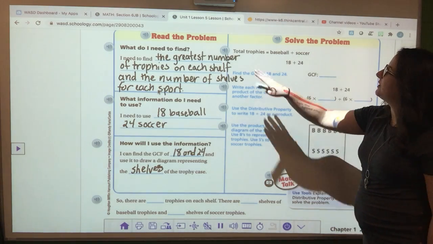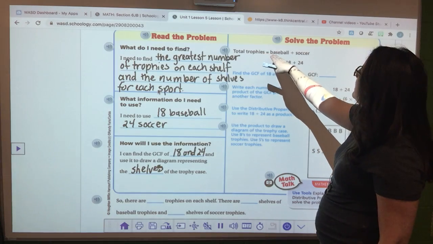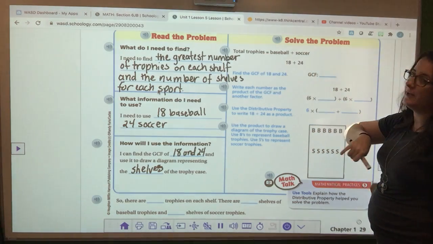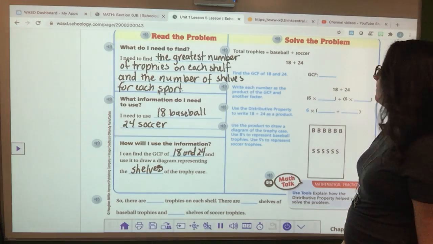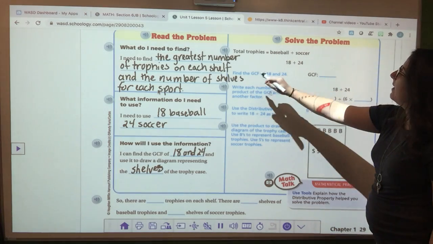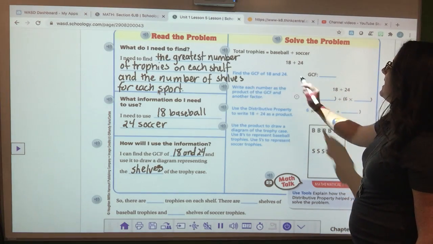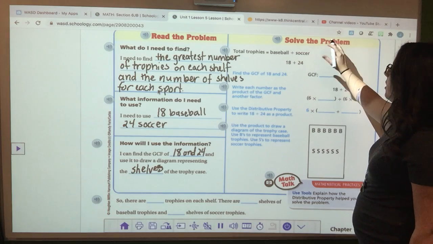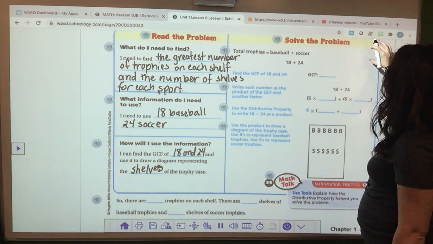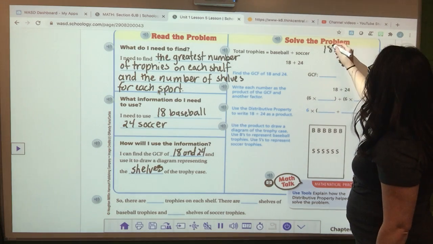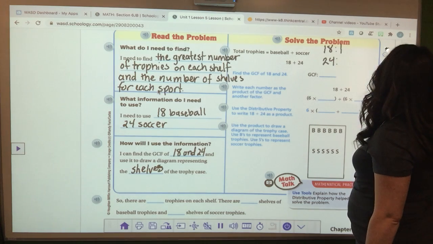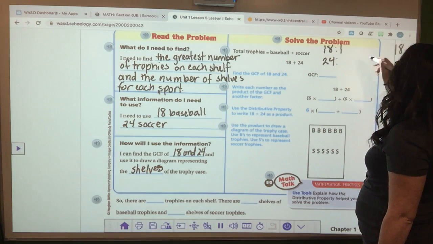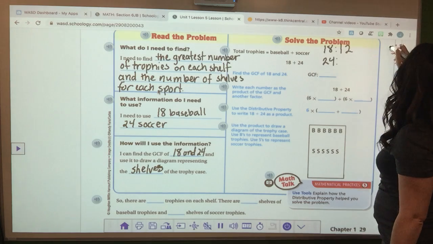First thing we're doing, we're taking the total number of trophies equals our baseball trophies, which are 18, plus our soccer trophies, which are 24. Step one, find the GCF of 18 and 24. So there's a little bit of space up here. We're going to come up here and write it out. 18, 24. So we have 1 and 18. We have 2 and 9.